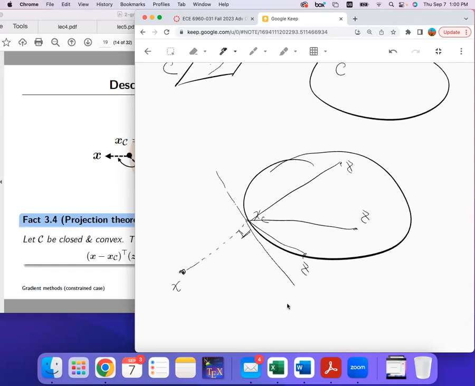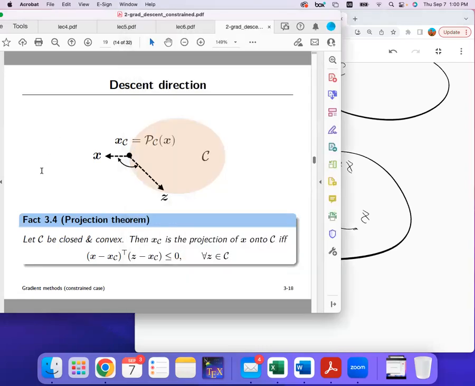Everything is on the other side. And this is a very useful tool in the convergence analysis. We will see it's a very powerful tool. It is equivalent to saying that x_C has the minimum distance.